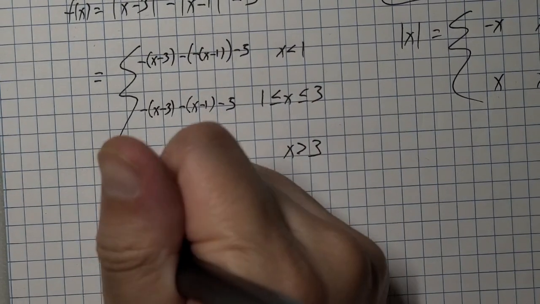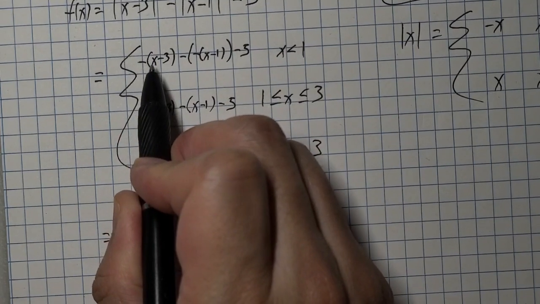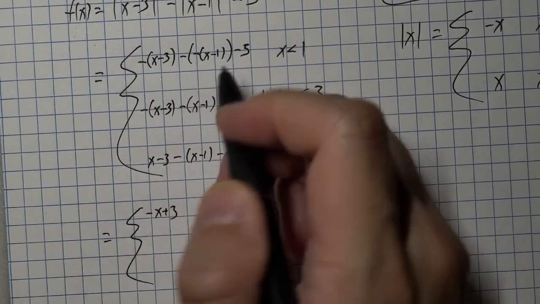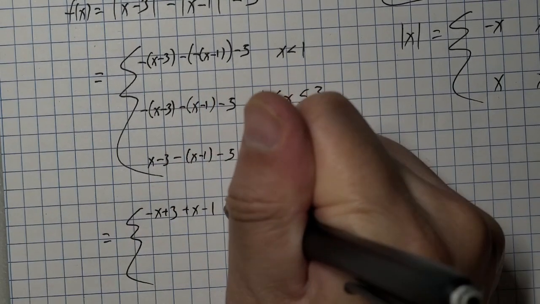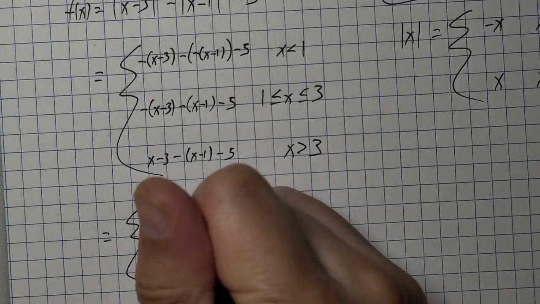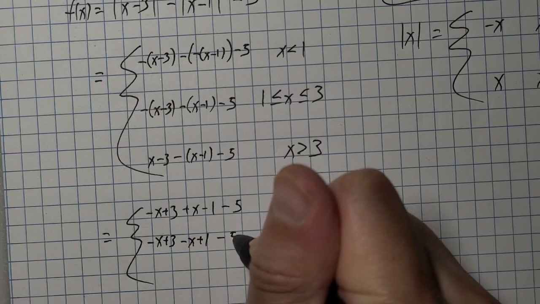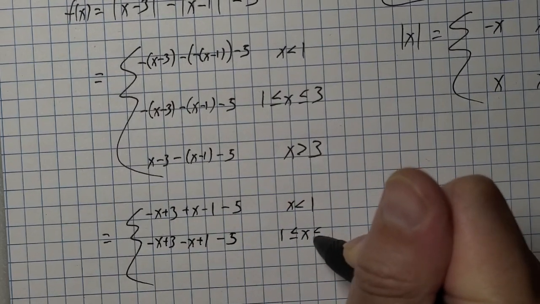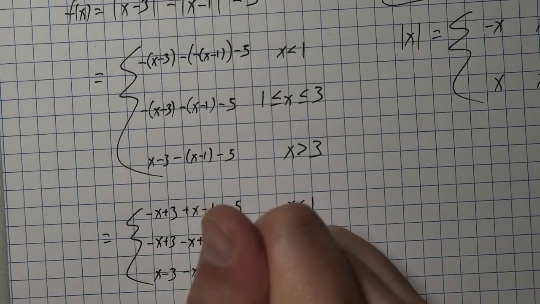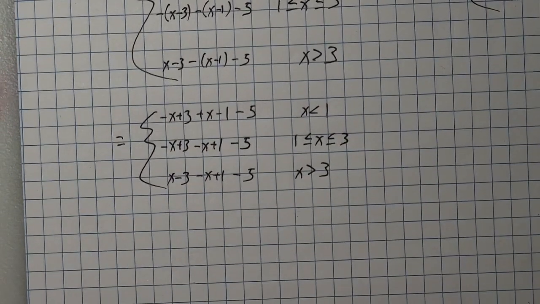Now let's simplify. Be careful with the signs. This is minus x plus 3. Two negatives make a positive, so it would just be plus x minus 1 minus 5. This is the x less than 1 branch. Over here would be still minus x plus 3, but the next terms would be minus x plus 1 minus 5, for 1 less than or equal to x, less than or equal to 3. And over here would be x minus 3 minus x plus 1 minus 5 for x greater than 3.